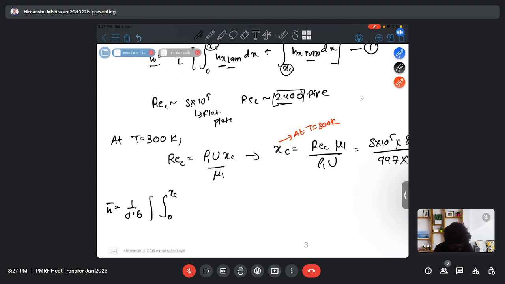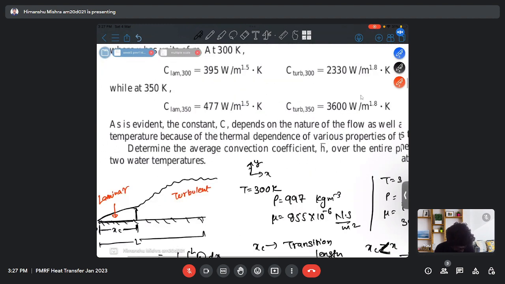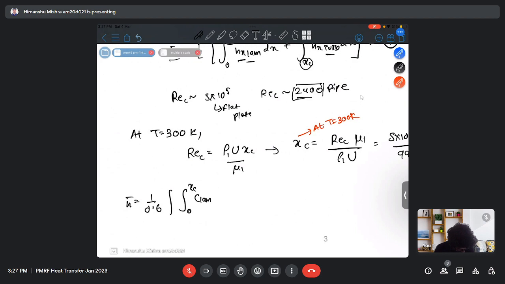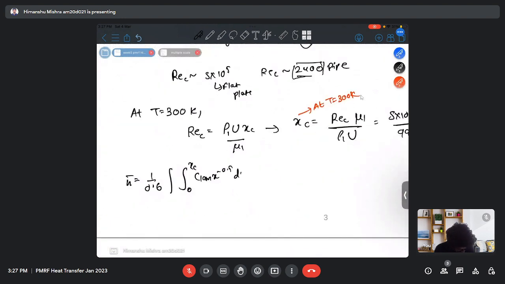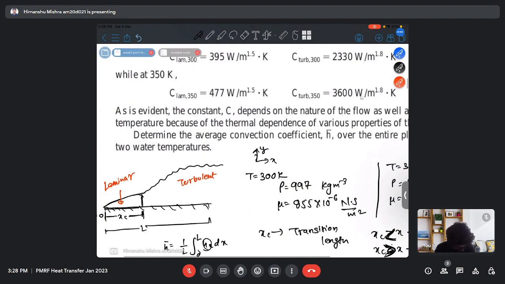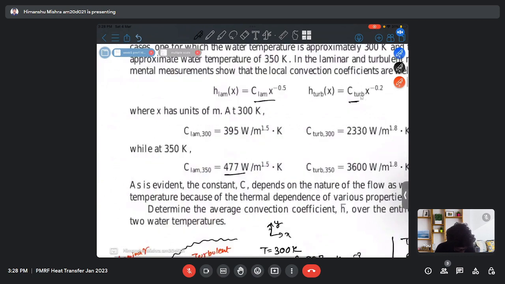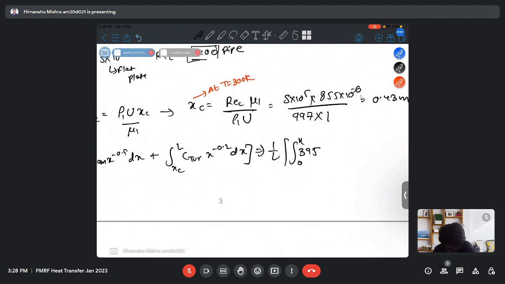So my, let's say it's XC. My laminar local heat transfer coefficient is 0.5 minus 0.5 dx minus 0.2 dx, and I can write this as 477, sorry, 395 dx.